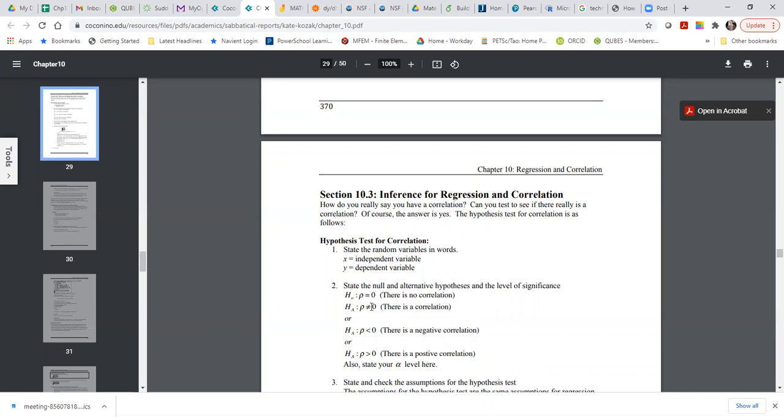Okay? So you can assume the null hypothesis is rho equal to 0, or there is no correlation, right? And the alternative hypothesis will be not equal to 0, or less than 0 if the correlation is negative, and rho greater than 0 if there is a positive correlation.